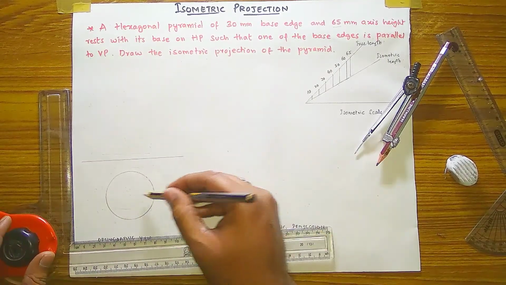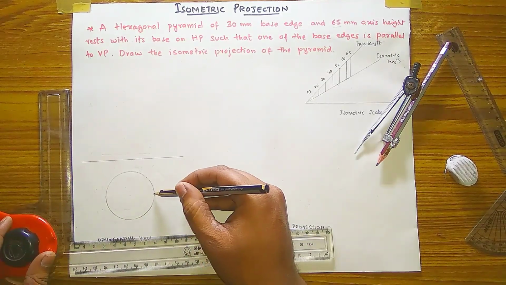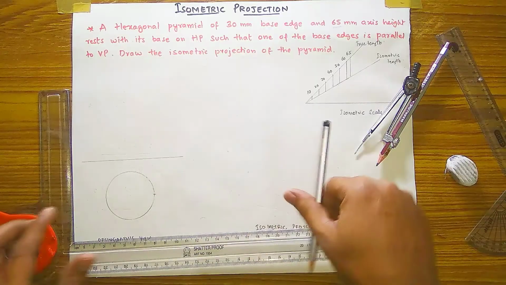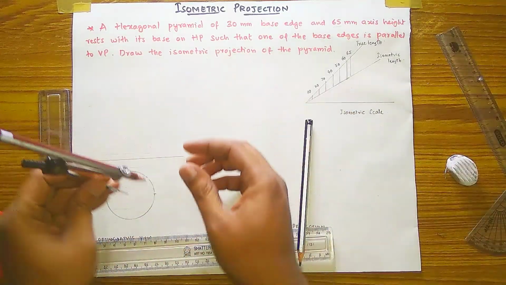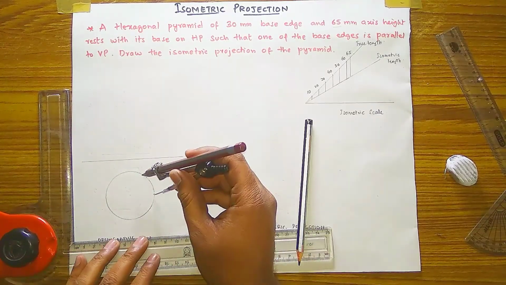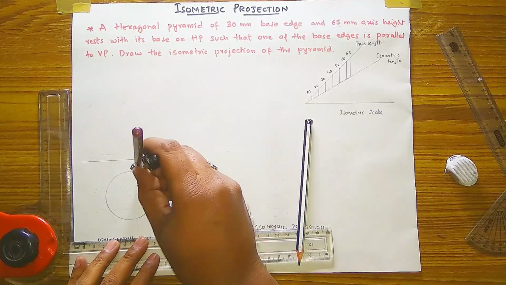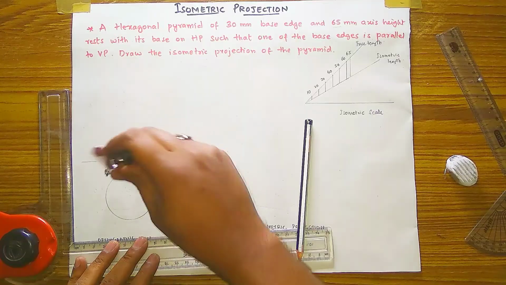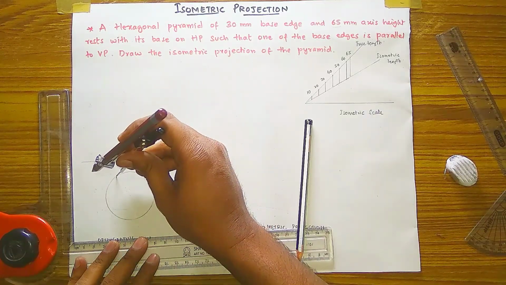So for the corner you have to take a dot here. Then with the same dimension you have taken on the divider, one by one you have to put arcs on that circle like this.